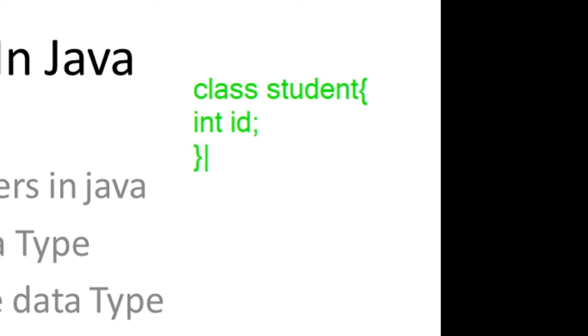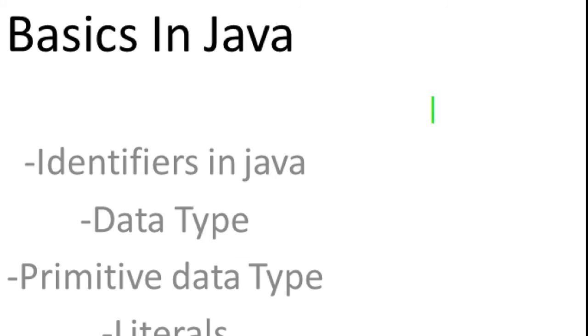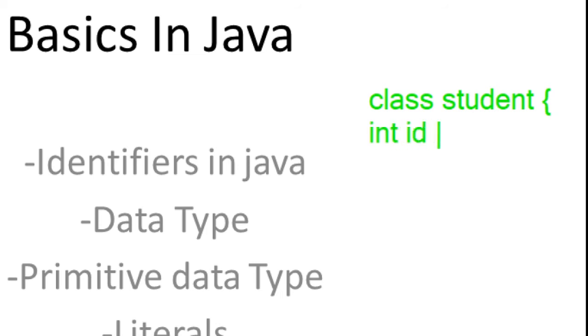Here, a constant value, like here I am going to declare the id. Student: int id equal to 10. This is called a literal.